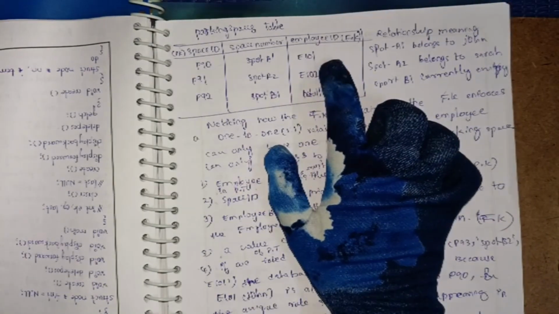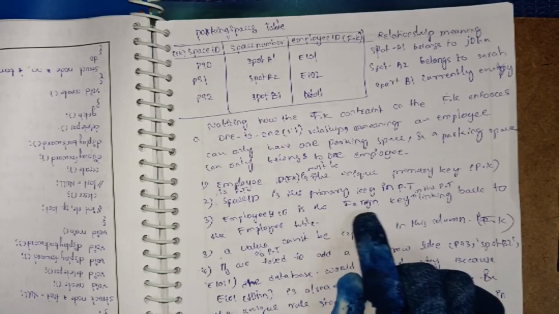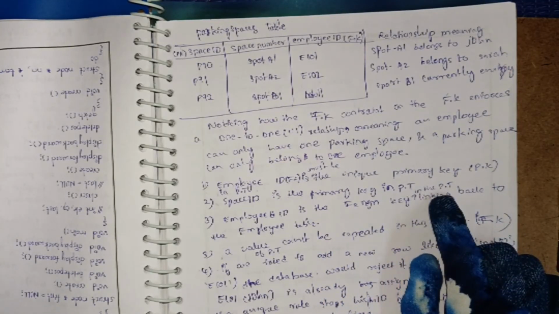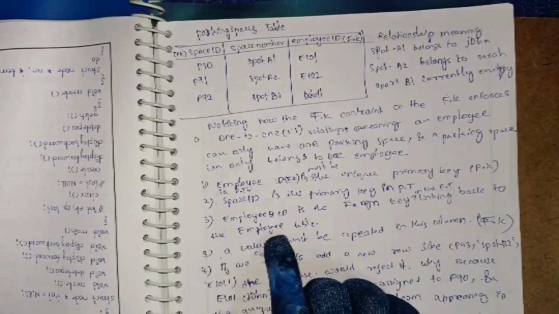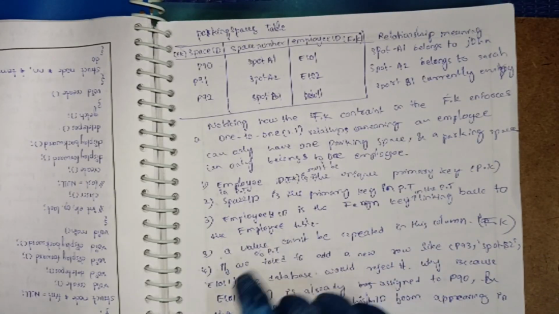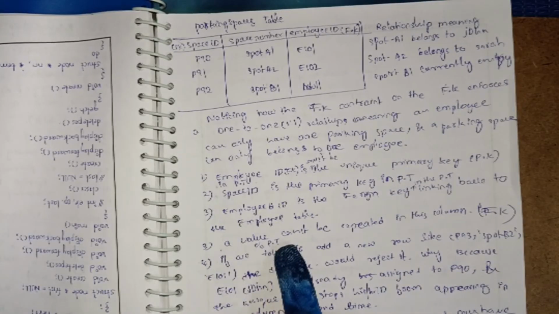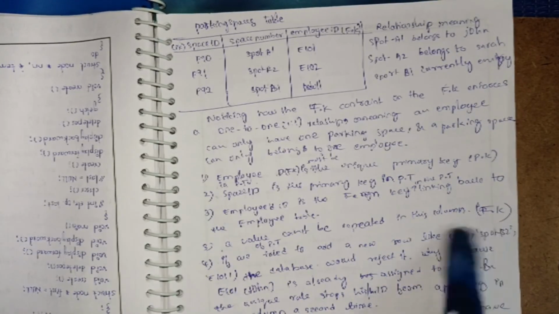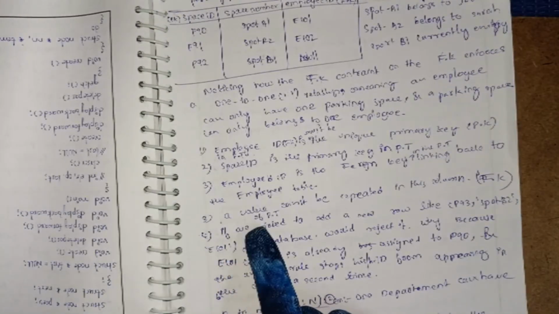This one is the foreign key in the parking space table, linking back to the employee table. And a value can't be repeated in this foreign key column.